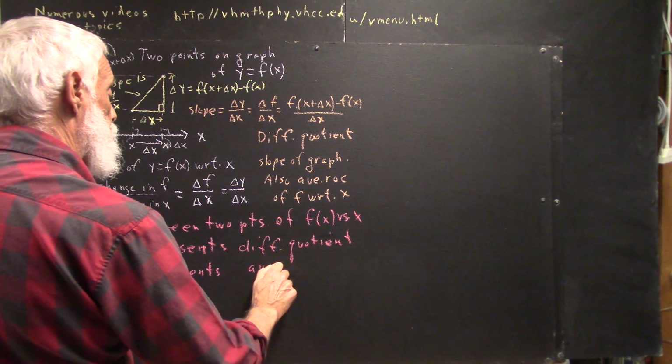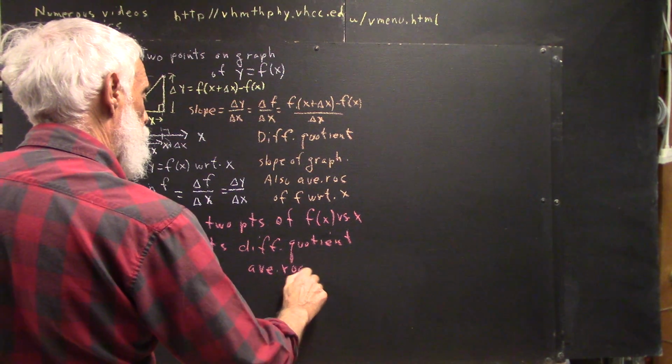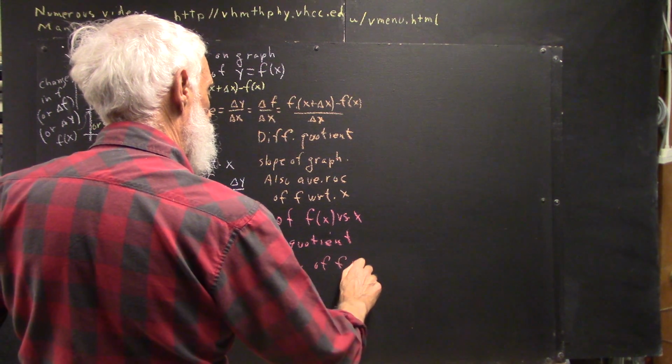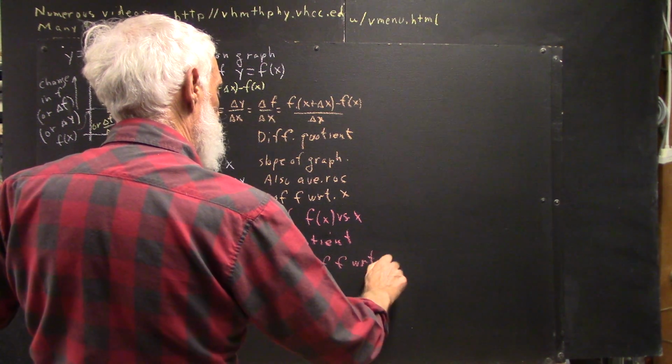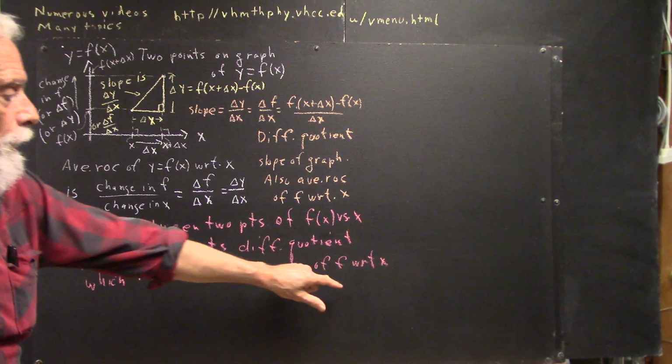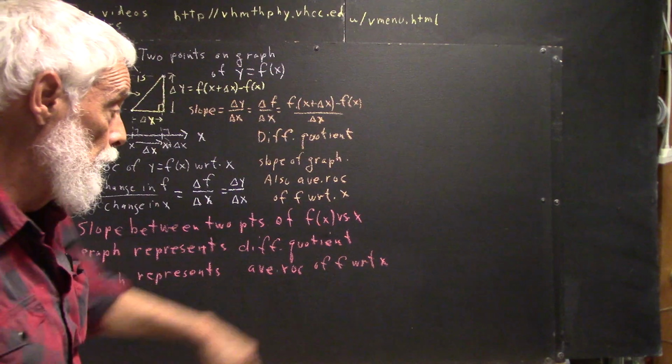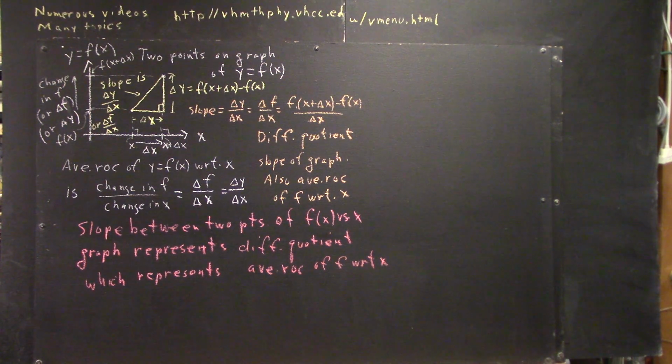The average rate of change of f with respect to x. So we have this correspondence between the slope here and the average rate of change of f with respect to x.